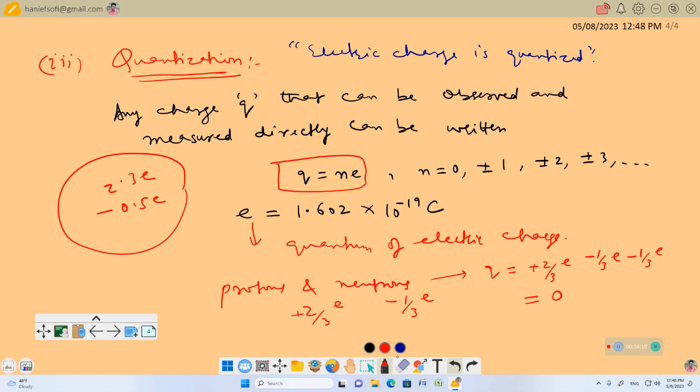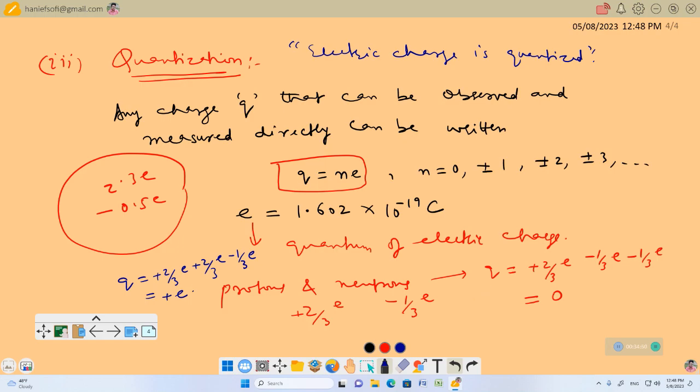In the case of a proton, you have 2 up quarks, plus 2 by 3e plus 2 by 3e, then 1 down quark, minus 1 by 3e. So the total is 4 by 3e minus 1 by 3e, that becomes 3 by 3, which is e plus. Because the proton has overall charge plus e, and the neutron has overall charge 0.